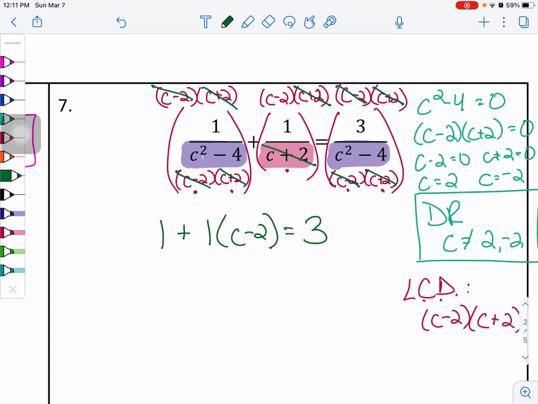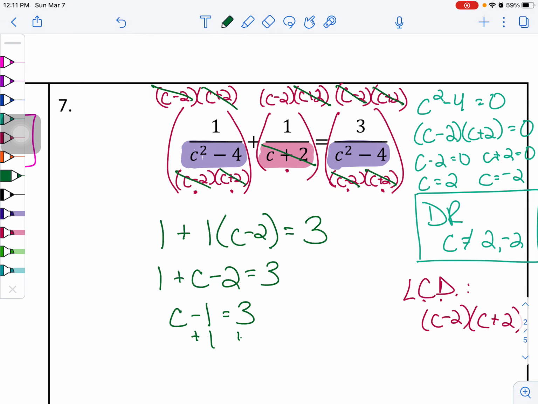So I'm left with 1 times c minus 2 equals... c minus 2 will divide out c minus 2. c plus 2 will divide out c plus 2. So all that's left is the number 3. All right, let's clean this up and see what we get. So we've got 1 plus, if I distribute 1, that's still c minus 2 equals 3.